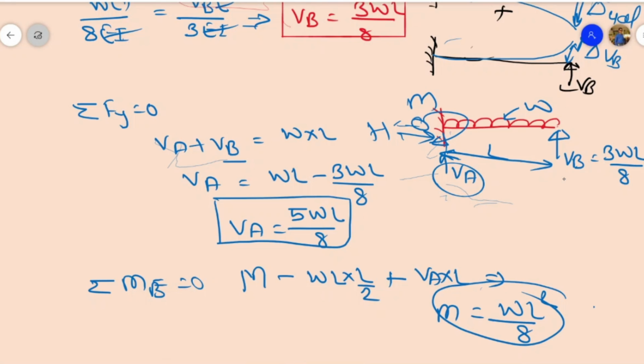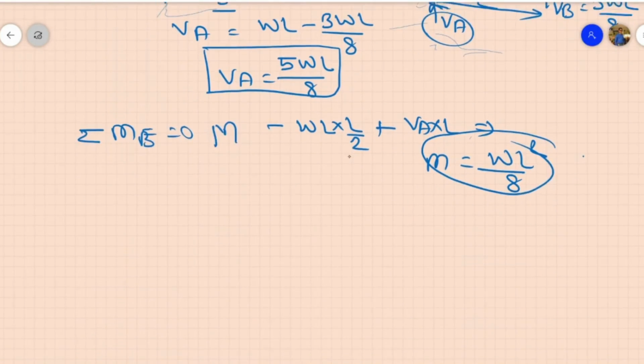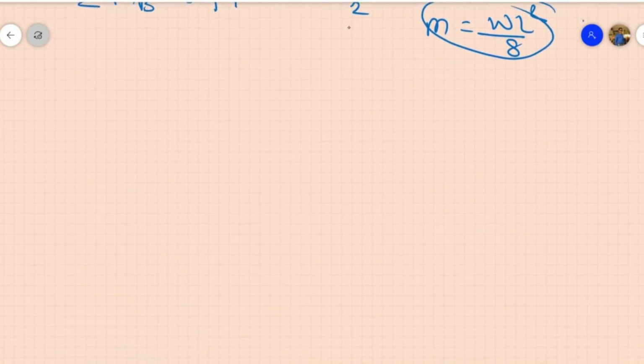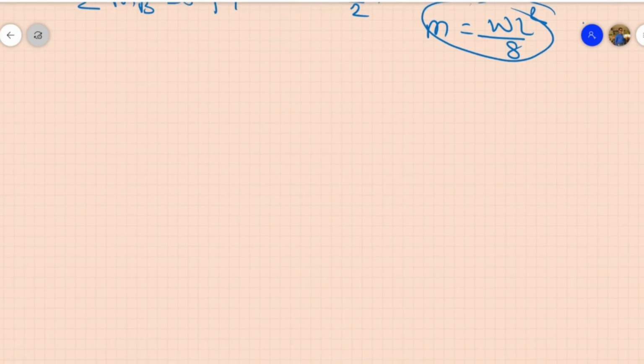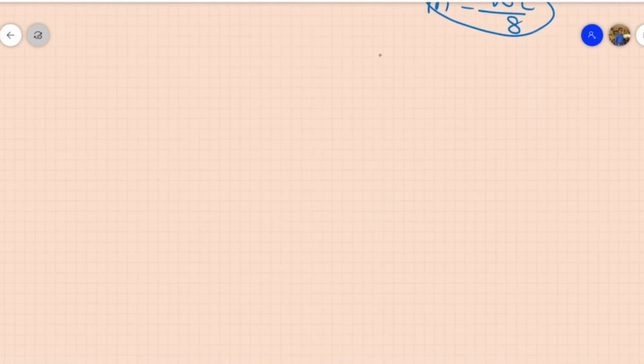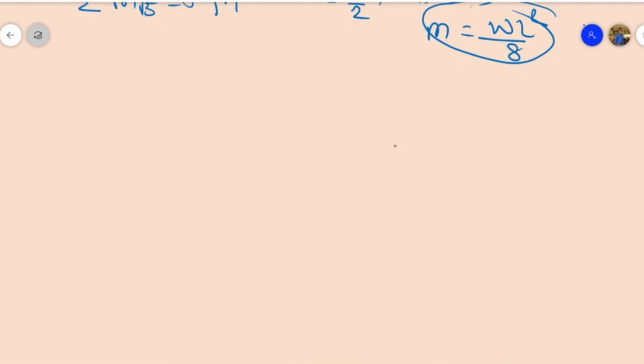So this is how we can calculate the support reactions of any indeterminate beam using the compatibility method. I am taking another very important example. That was a cantilever beam. Now I am taking an example of a continuous beam.